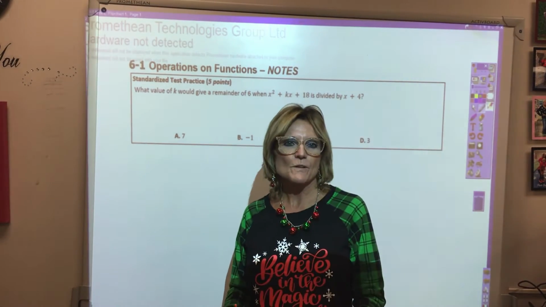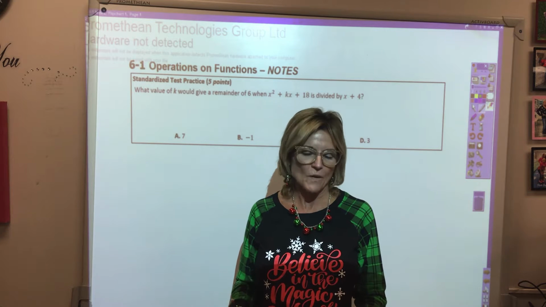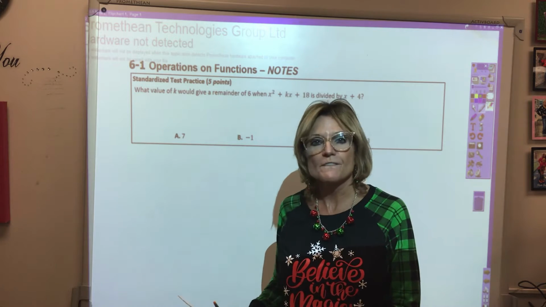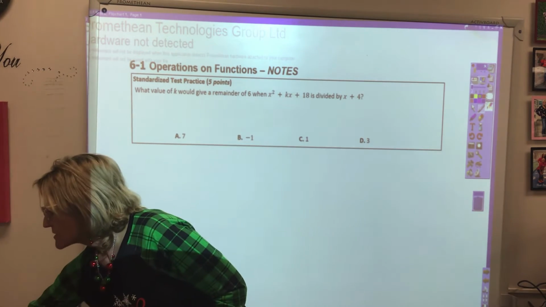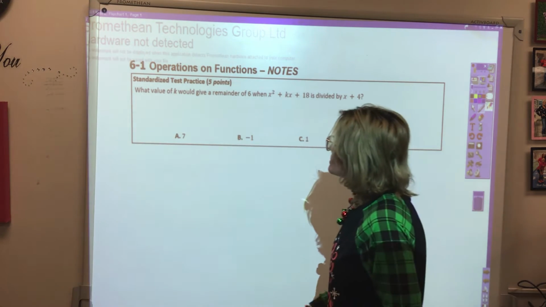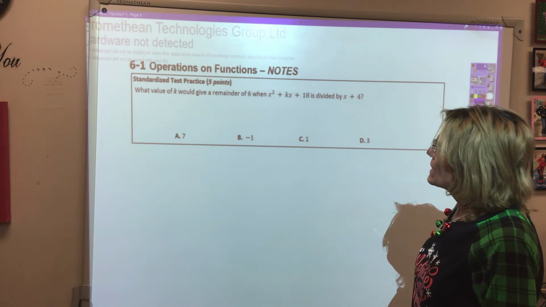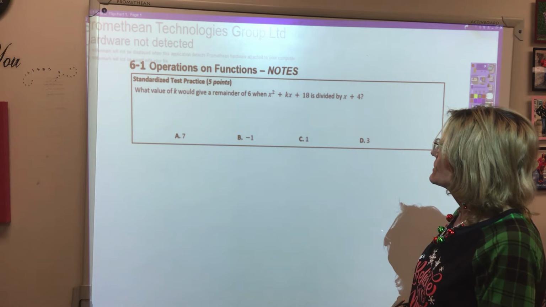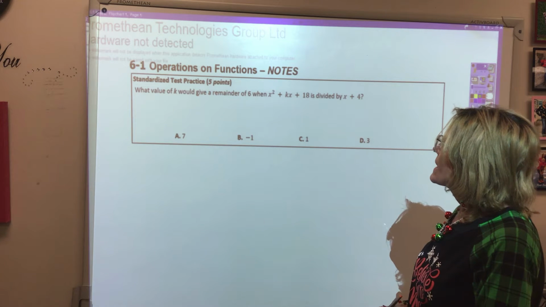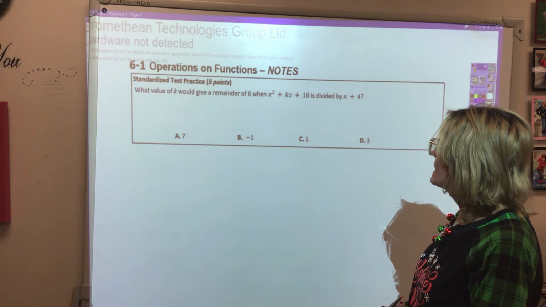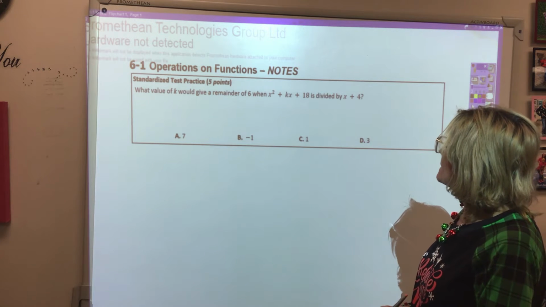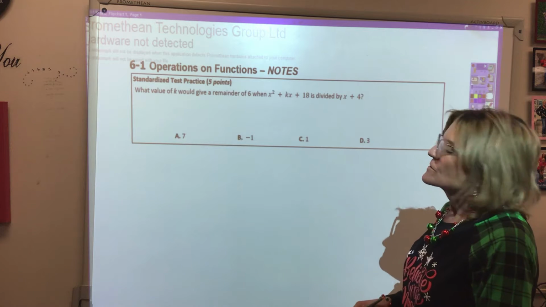Hi class, today we're going to be talking about page 1 on section 6.1, operations on functions. So our standardized test practice problem reads, what value of k would give us a remainder of 6 when x squared plus kx plus 18 is divided by x + 4?